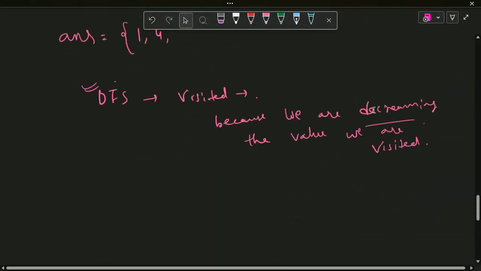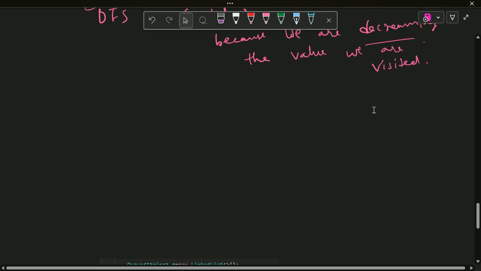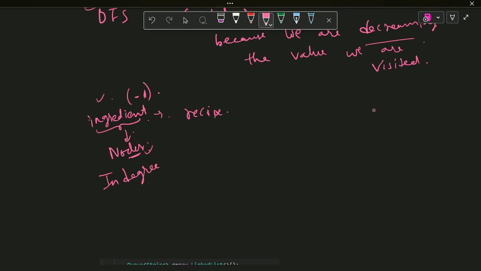This is the problem. Here also, similarly, if we take an ingredient for a recipe, the ingredient value will be decreased by 1. So we should keep track of these elements, the nodes, as in the in degree array.